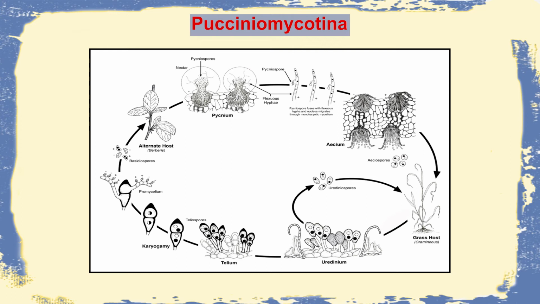One is wheat, where the uredia or telia and the spermatia or the basidiospores are produced inside the wheat plant, but then the basidiospores will attack the second host, which is the barberry plant, and they produce two types of structures like the pycnium and the aecium on the leaves, and thereby these aeciospores again will invade the primary host, that is wheat.